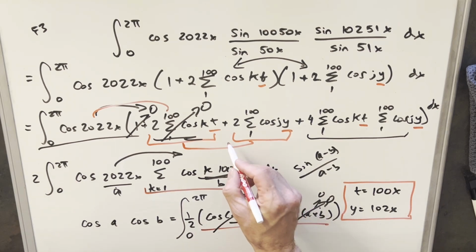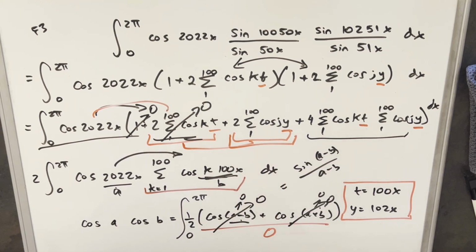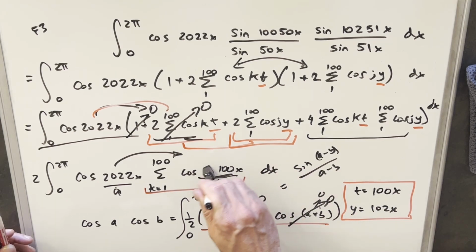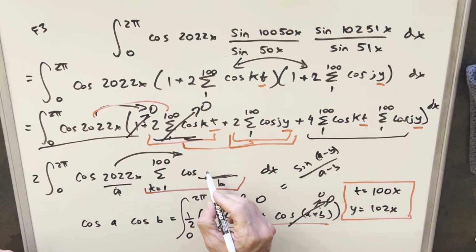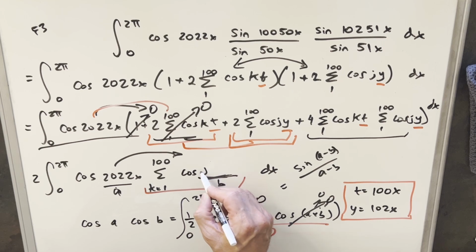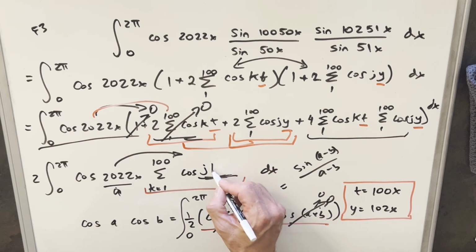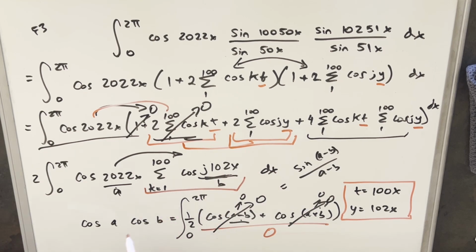But then we can use almost the exact same logic on this one here as well. Because on this one, the only difference is this y value, which is 102x. So we can manipulate this a little bit and get it to work. This b value in this case is going to be jy, which is 102x. When we do the same thing and break this out with our cosine a and b, we end up in a very similar situation.